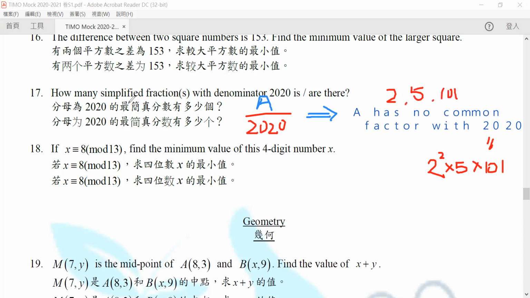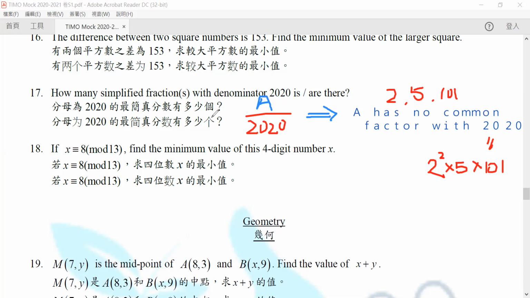So now, how many numbers have no factor of 2, no factor of 5, no factor of 101? The easiest way to do this is by considering that for these 2020 numbers, half of them have a factor of 2. Those are the even numbers.